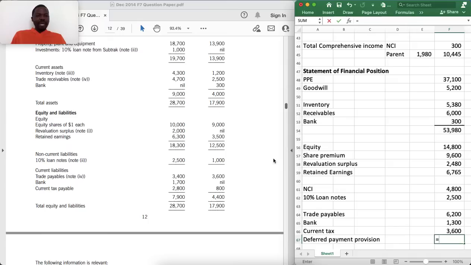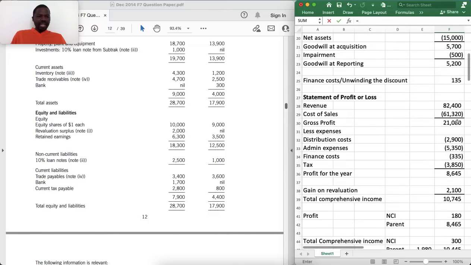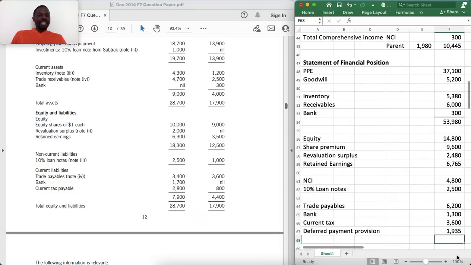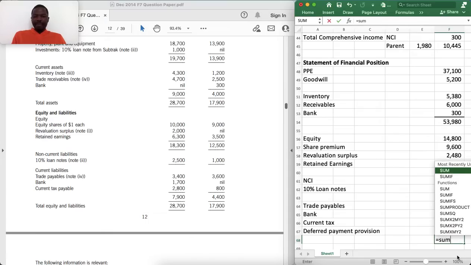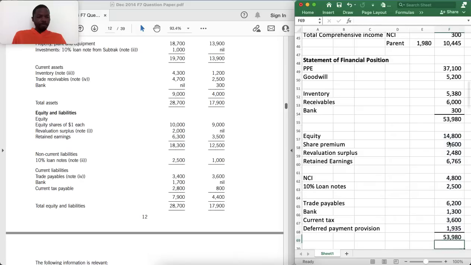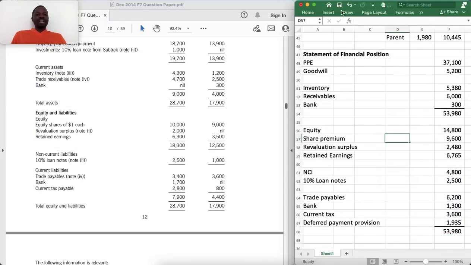Then the deferred payment that the parent promised is 1,800 plus the unwinding of the discount of 135. Then we get that figure. When we sum up, keeping fingers crossed, our statement of financial position should balance. Our statement of financial position is balanced, so it means everything that we were doing, we were on track.